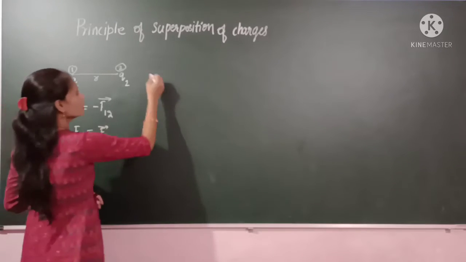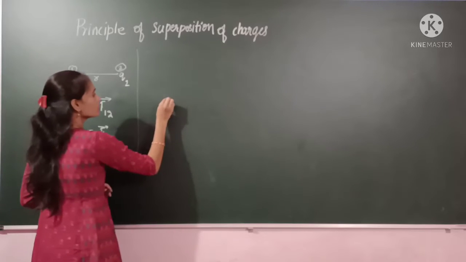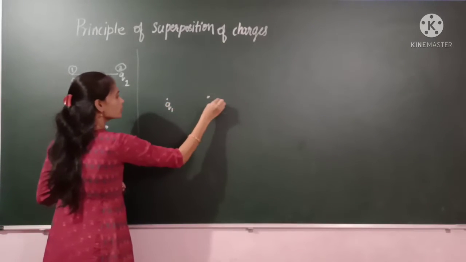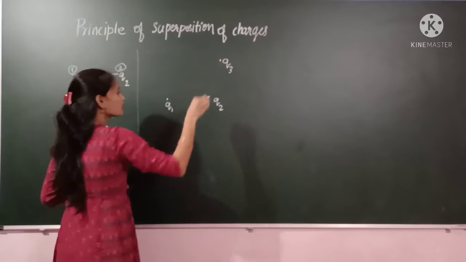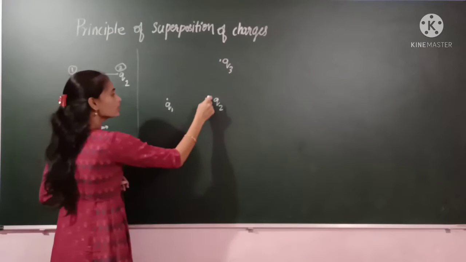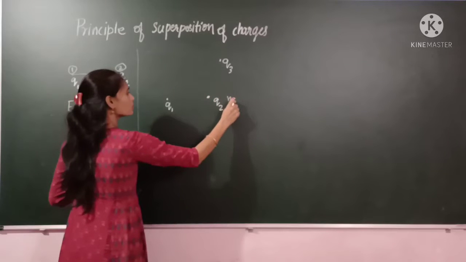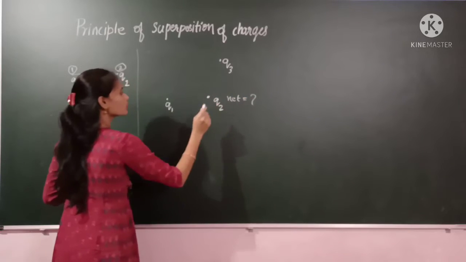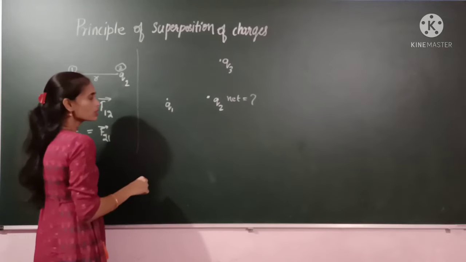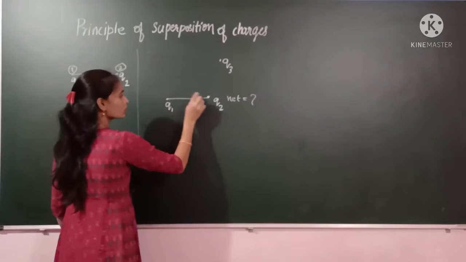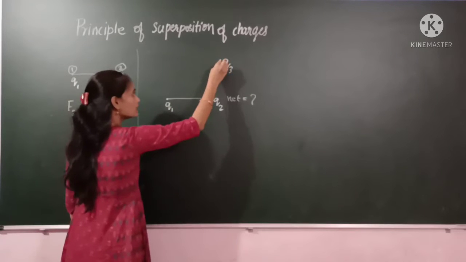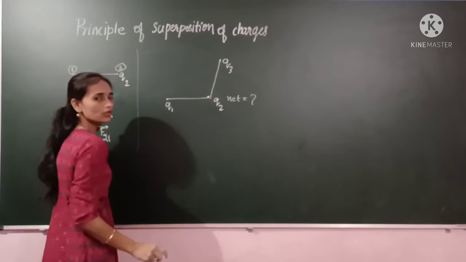Now here one q1 charge is there, here one q2 charge, and here one q3 charge. Now three charges are there. If we want to calculate the net force on the second charge, how do we calculate it? The q1 charge is applying some force on q2, and q3 is also applying some force on q2.